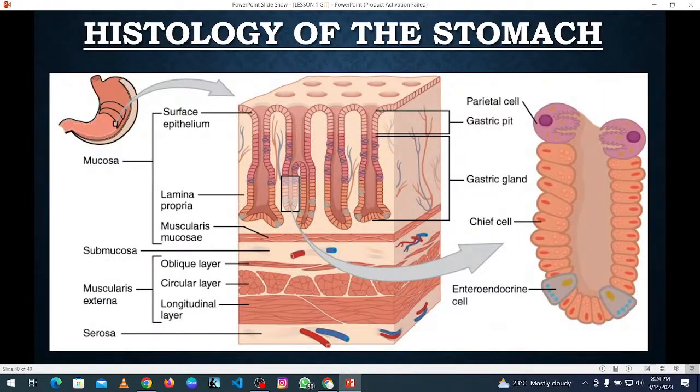So the epithelium layer is normally that covering, that surface layer that covers most organs, and mostly it's the protective part of our organs. In the stomach, the epithelium layer is more of a mucus, a mucosal membrane that can be eroded by acid easily.